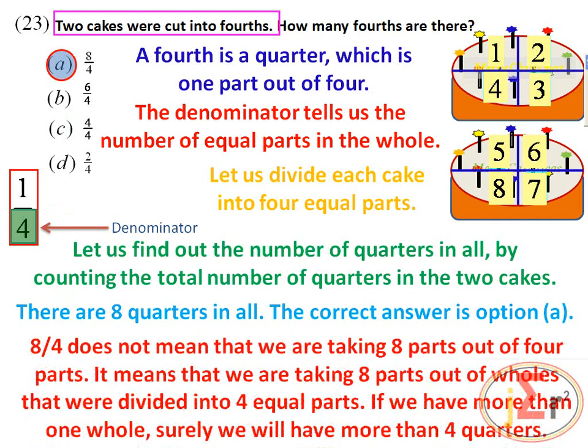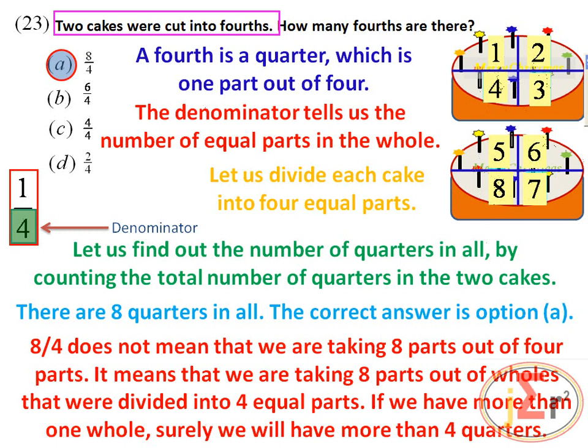8 over 4 does not mean that we are taking 8 parts out of 4 parts. It means that we are taking 8 parts out of wholes that were divided into 4 equal parts. If we have more than 1 whole, surely we will have more than 4 quarters. So we have 4 quarters in one whole, and we have another whole, so we have 8 quarters in all.